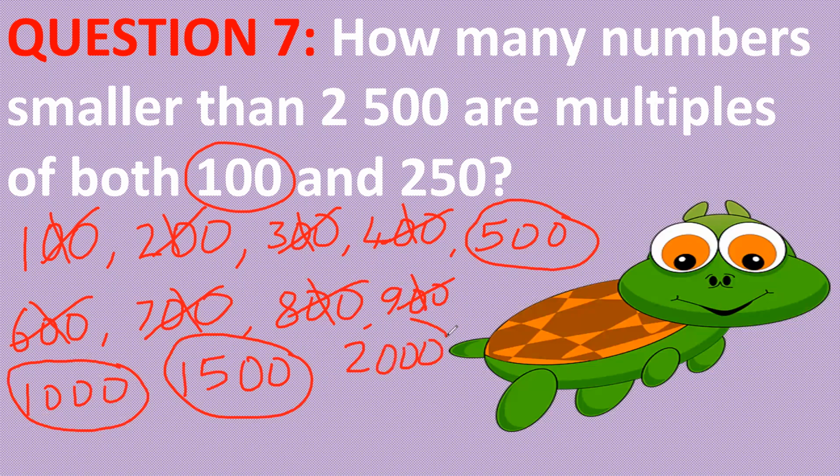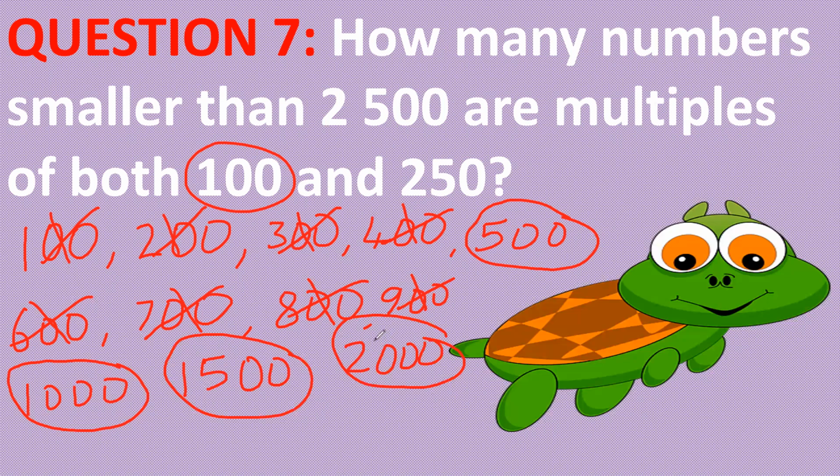And then the next one, but they said smaller than 2,500. I was going to say 2,500, but 2,500 will not work because they said smaller than that. So we have 4 numbers: 500, 1,000, 1,500, and 2,000.